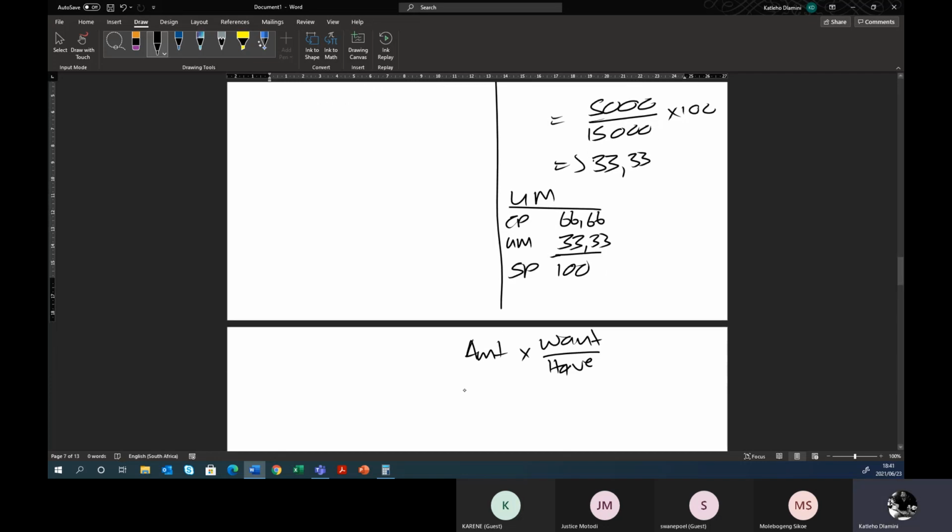My original amount was 10,000, and I was looking for selling price. So I had cost price, the 66.66, and I wanted the selling price, which is the 100. When you're using decimals like this, I need you to give me at least 5 decimal places if you want to have the same answer.